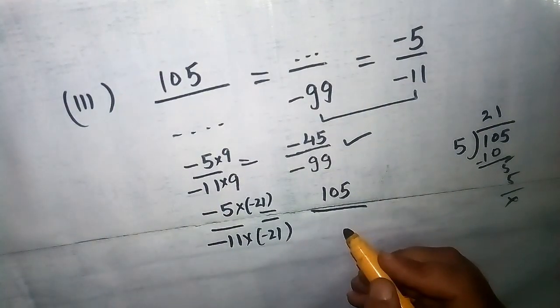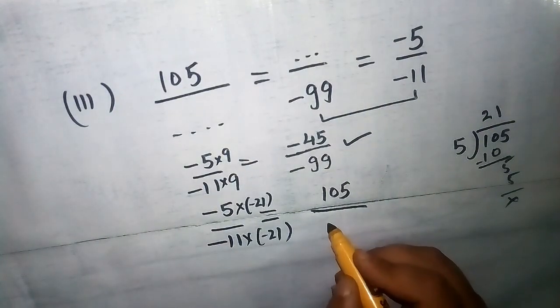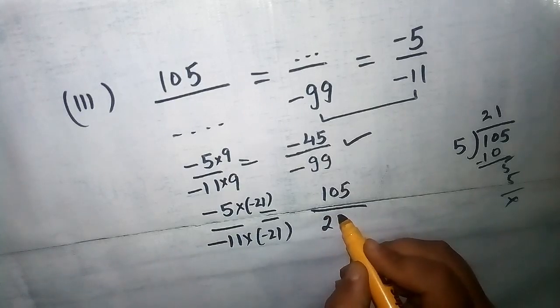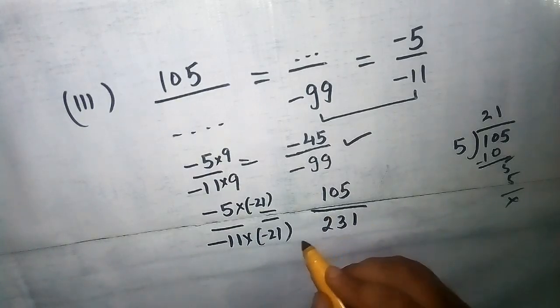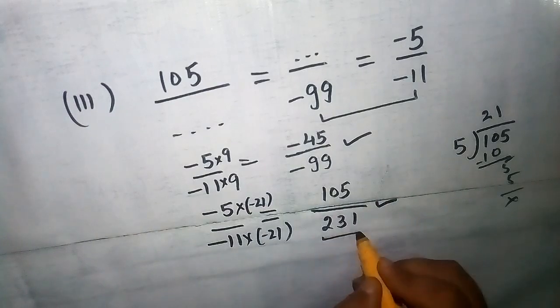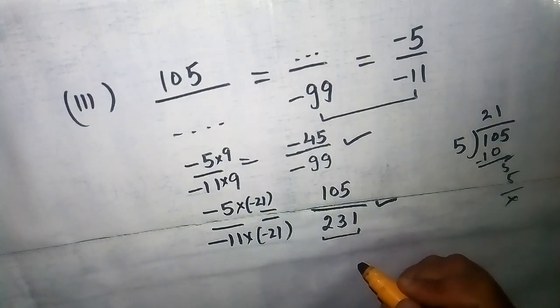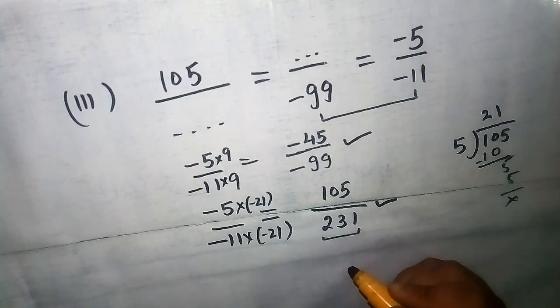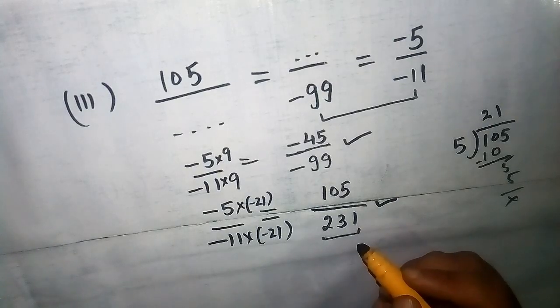So minus 21 we have to multiply with numerator and denominator both now. So the denominator will be minus 11 into minus 21, that is 231, which is the required answer. Thank you and keep smiling.